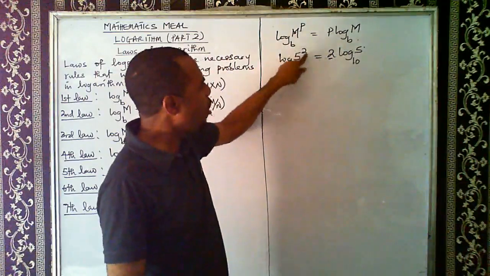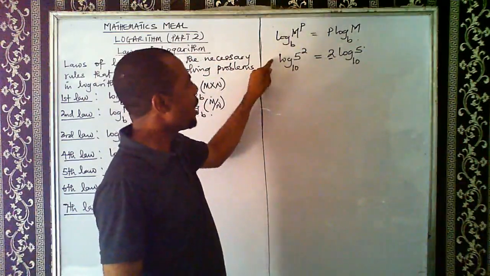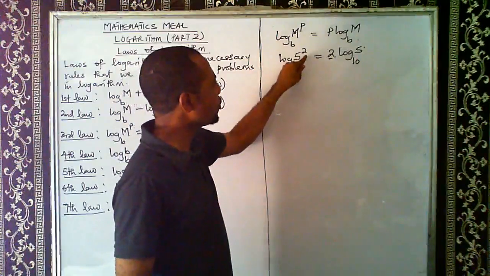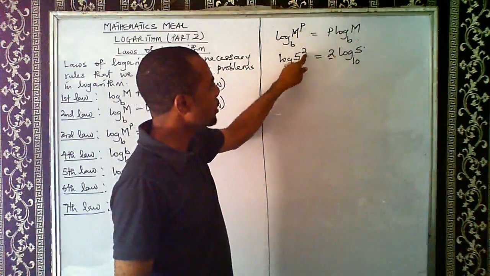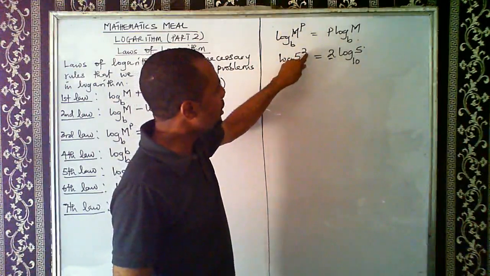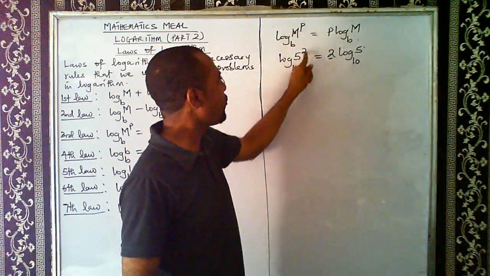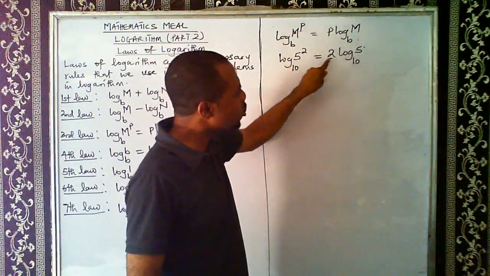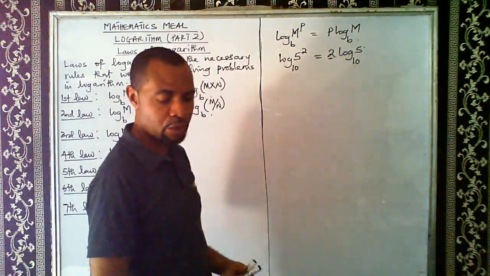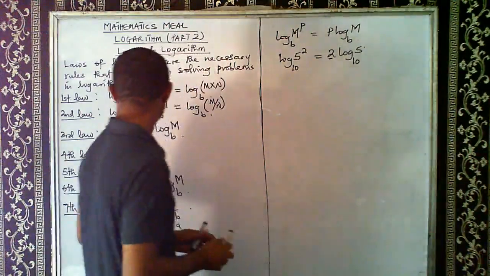So the power of a number in the log is the same thing as the number multiplying the log. So log 5 raised to power 2 in base 10 is the same thing as 2 log 5 in base 10. Okay? So that's the third law.